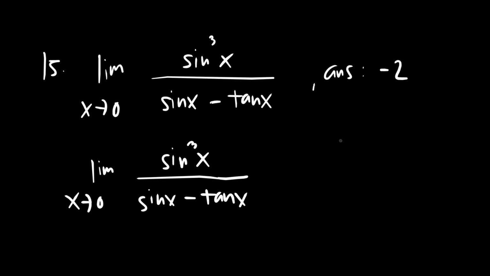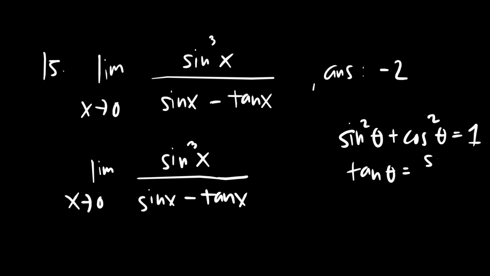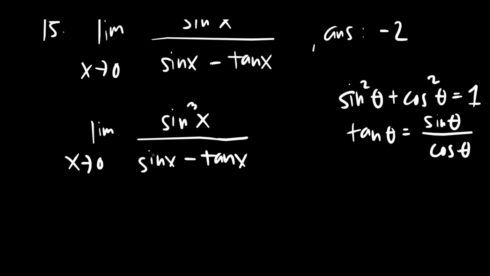We have the identity sine squared theta plus cosine squared theta is equal to 1. And tan theta is just equal to sine theta all over cosine theta. We'll apply this here.